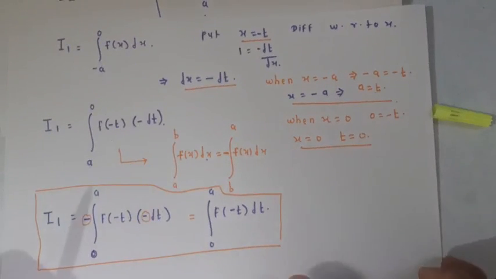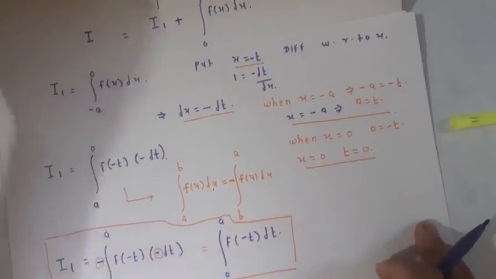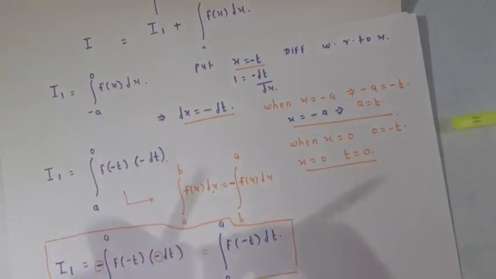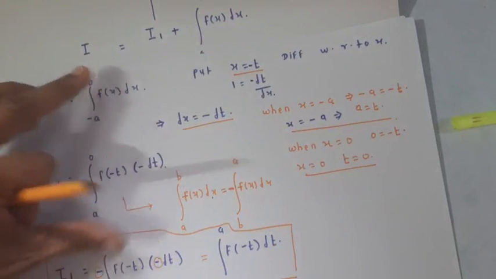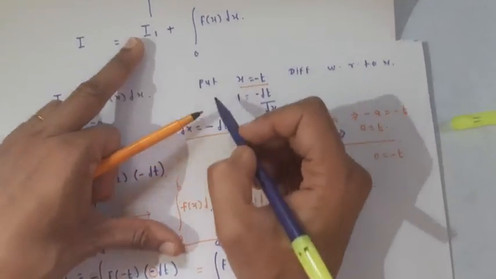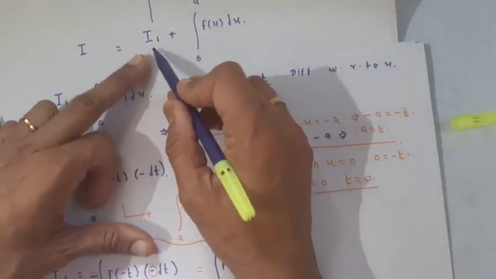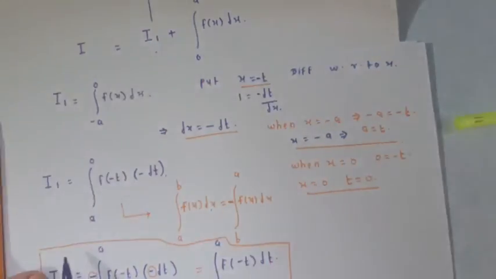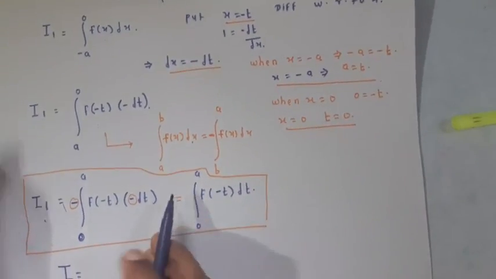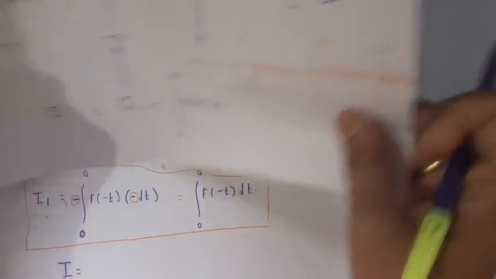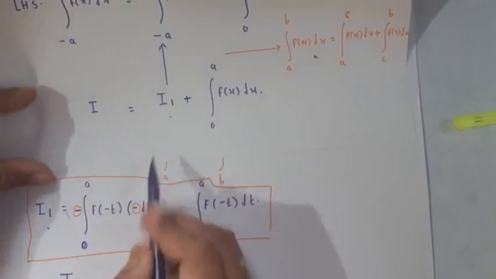Hence our statement 1, that is, I equals I1 plus 0 to a of f of x dx. So what is the value of I1? Put the value of I1, and this is the value of I1. So putting this value, we get I equal to I1.